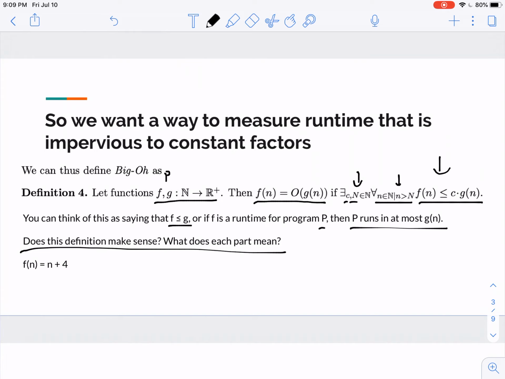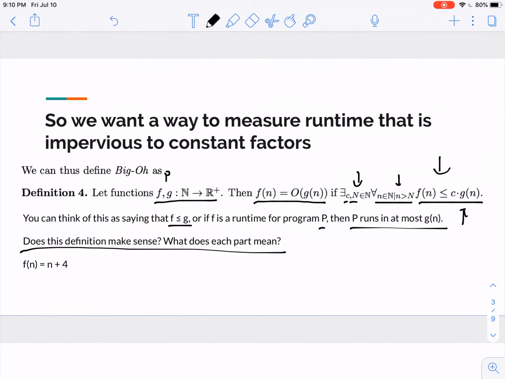In other words, as computer scientists, we care about what its runtime looks like as we put bigger and bigger graphs into this program. We don't care if there are small factors at the beginning, and that's exactly what this exists big N is doing. It's saying you only need to prove this inequality for really big inputs.